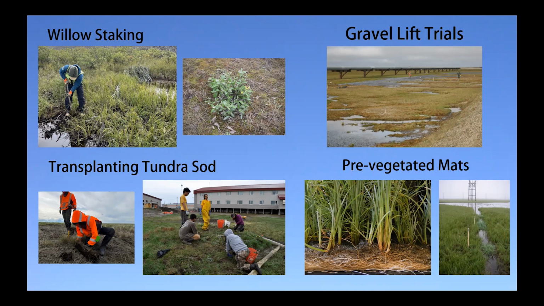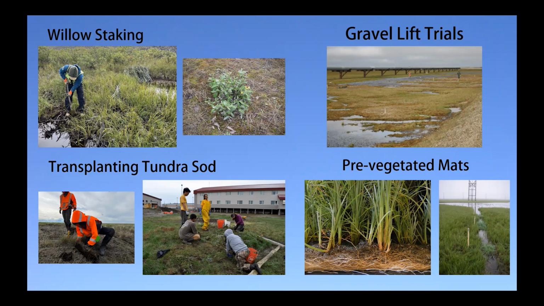So if you can move it with heavy machinery, great, but not all conditions can you get heavy machinery into an area that you need to restore. So we do a lot of work by hand. We'll see a bunch of that on our drive south. Last year we hit 84 spots along the coastal plain, and this is my crew last year putting in tundra sod. The kids love the work, but it's a lot of work.